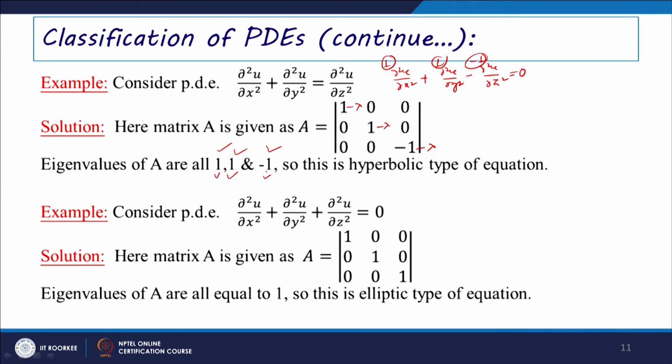Second example, consider a partial differential equation of the form ∂²u/∂x² + ∂²u/∂y² + ∂²u/∂z² = 0.